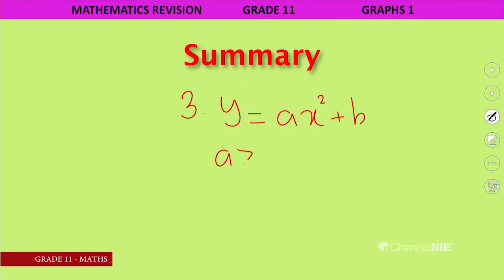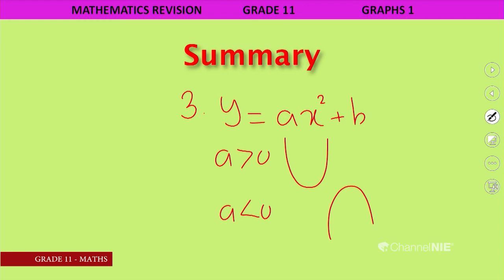When a greater than 0, you have a minimum curve like this, minimum curve. When a less than 0, you have a maximum curve, right. This is the minimum or maximum value, minimum or maximum value.